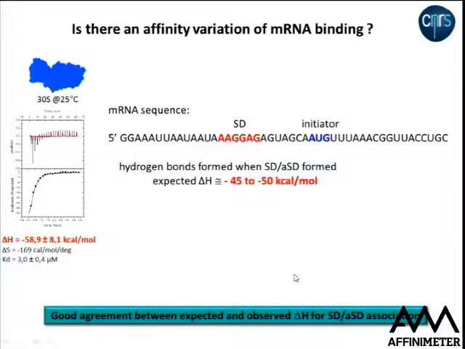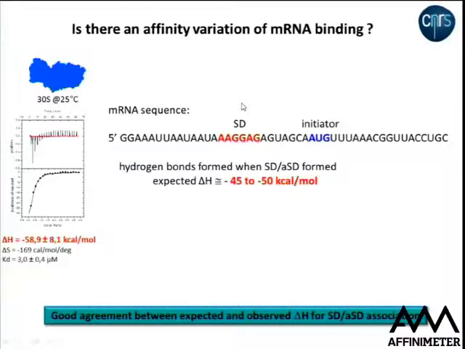And I would like also to focus on this interesting interaction. The question was whether there is an affinity variation of mRNA binding. In the literature, it was described that the binding of the messenger RNA is not dependent on initiation factors.